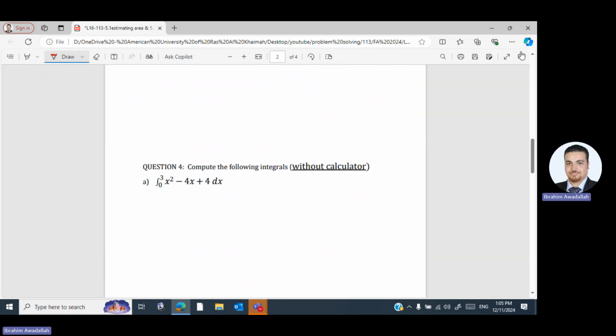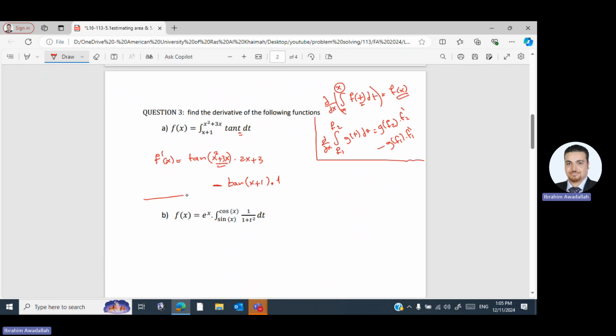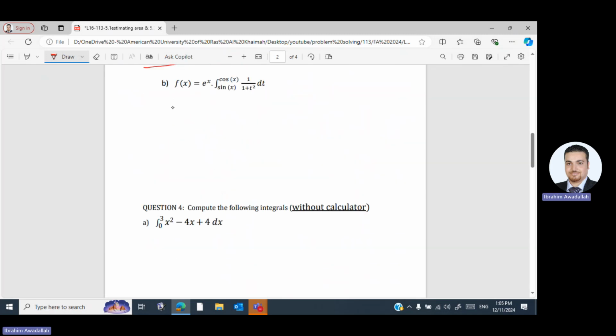Same things, we will apply it again here, but here the question is a little bit harder. Here we only find the derivative, and here we have multiplication. So since we have multiplication, it's the product rule: first times the derivative of the second, plus second times the derivative of the first. Okay, f prime of x: first, e to the power x.